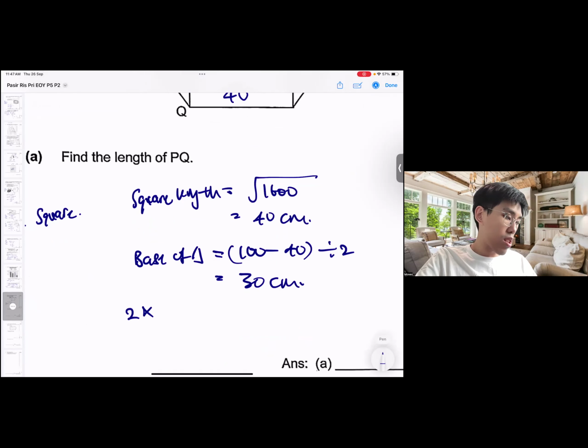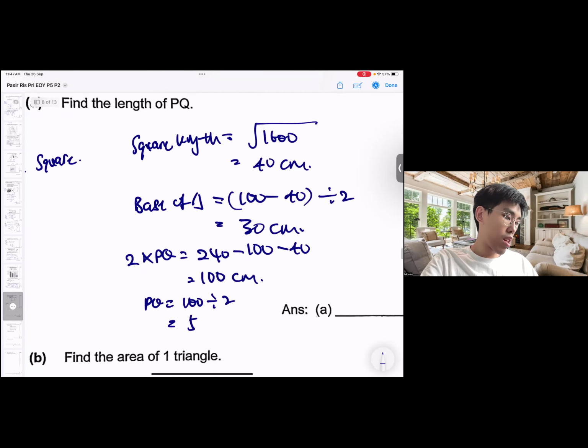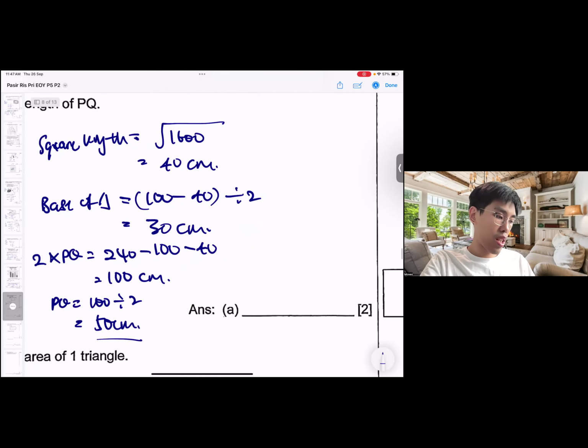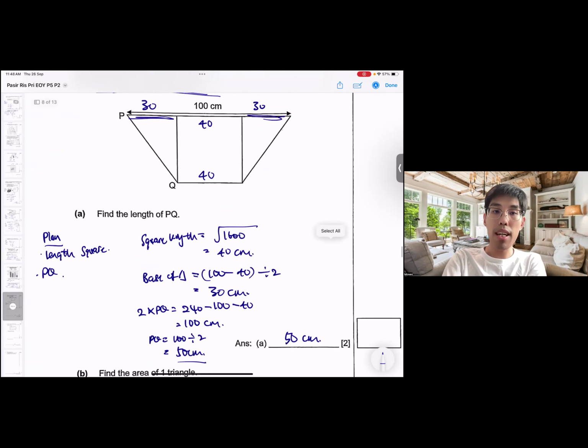That means two sets of PQ will be 240 minus 100, minus the 40. In fact, the 30 also not needed. Maybe we see later. So it's actually 100 cm. Therefore, PQ will be 100 divided by 2, 50. Okay, so this is 50.